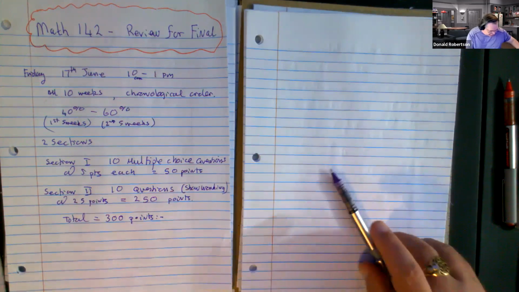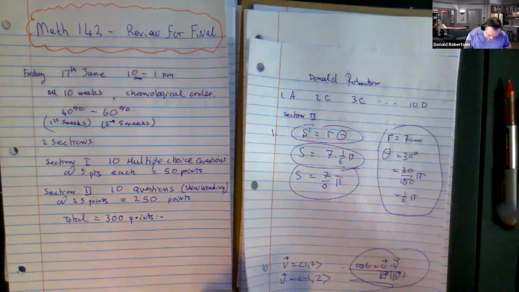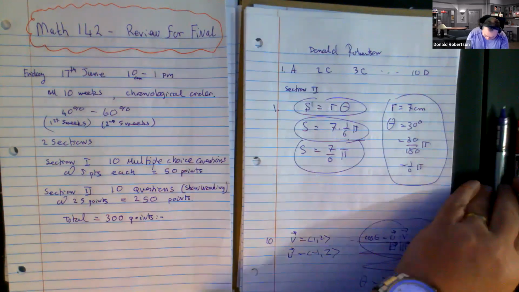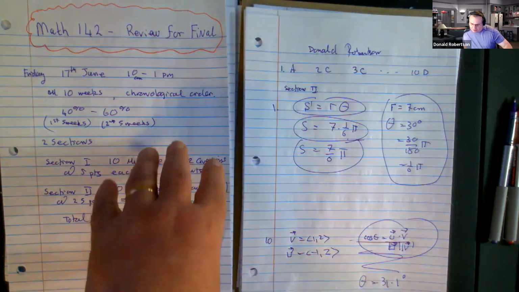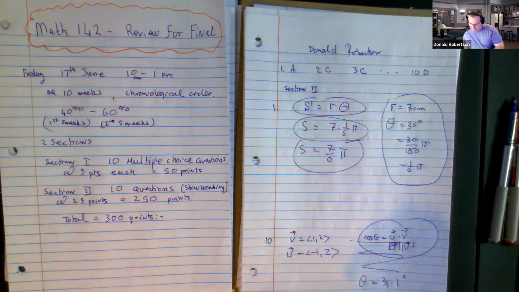Multiple choice questions should take you less than 5 minutes. In fact, the vast majority of them, you should know the answer within a few minutes. So if you look at a multiple choice question and you think, oh, that's going to take me a while because I'm going to have to find this, and then I'll have to find that, you're doing it wrong.